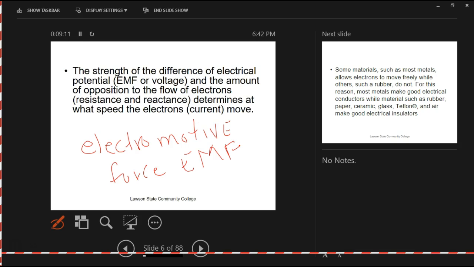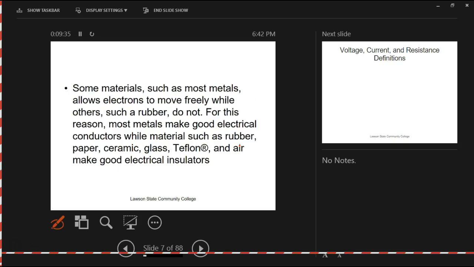And as soon as I add the opposition, the rate of the current that's moving slows down. And the more opposition you have, the more it slows down. The problem is that's what does the work. The oppositions are what's doing the work. So to get work, or to get power, we have to have opposition.